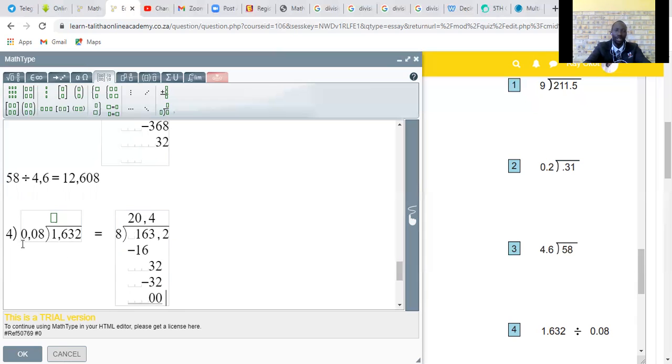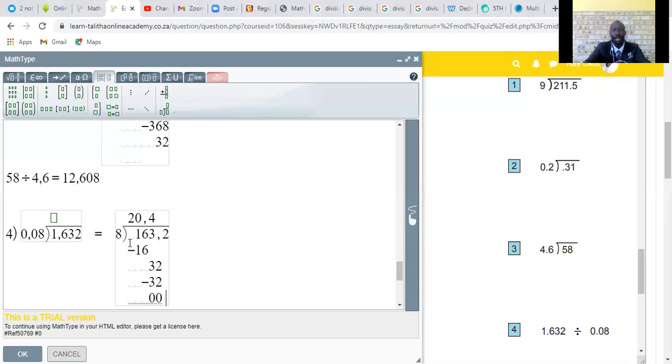So just a quick recap. This is what we have been given: 1.632 supposed to be divided by 0.08. The question is, how do we handle this? Well, we first have to transfer this decimal point until it's no longer available on the divisor. So we move 1, 2 steps here. After 8, we do the same. We count the number of places, 1, 2, and we place it here.